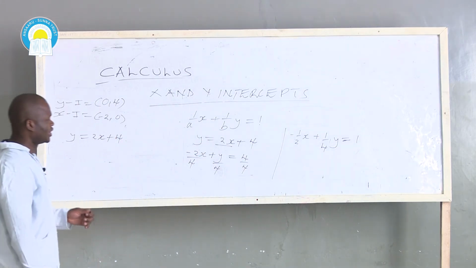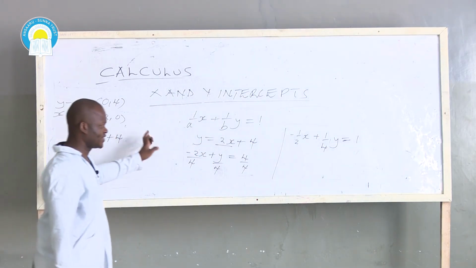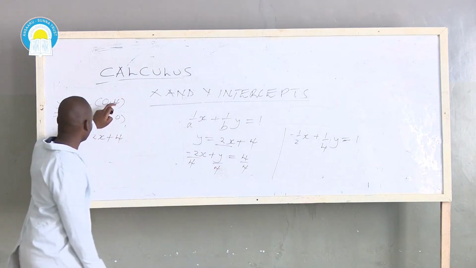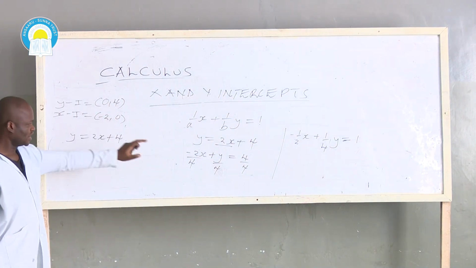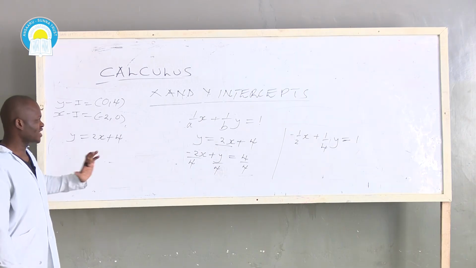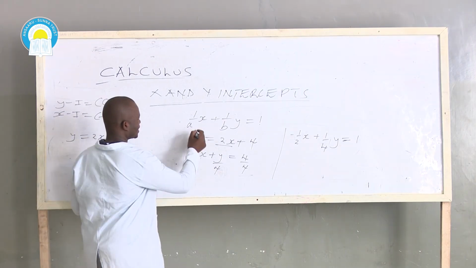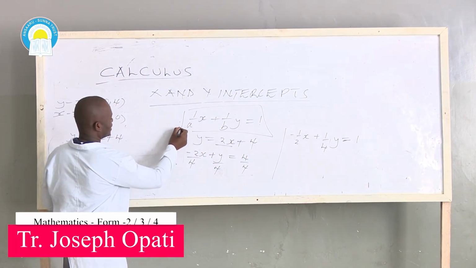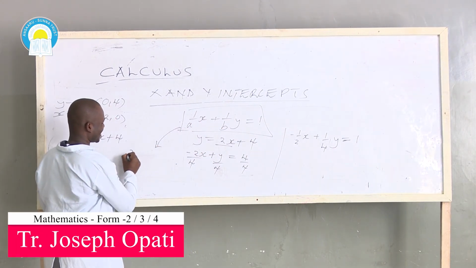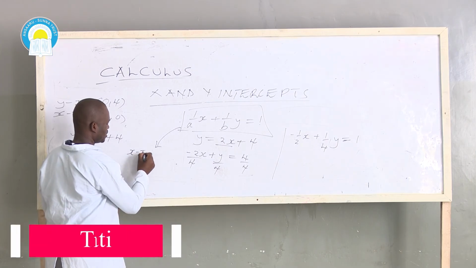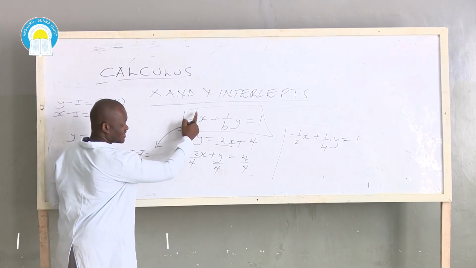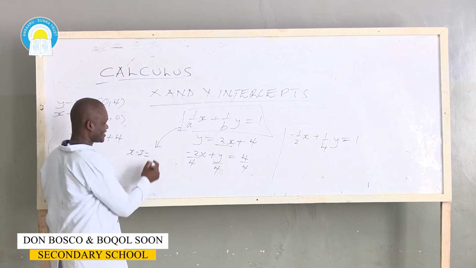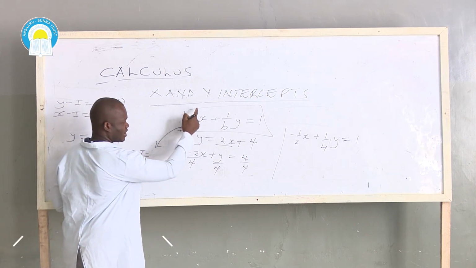Now, having done that, how do we eventually obtain those values using this approach? Very simple. Given the equation in this format here, we are saying the x-intercept will be the reciprocal of the coefficient of x, which at the moment is 1 over a.